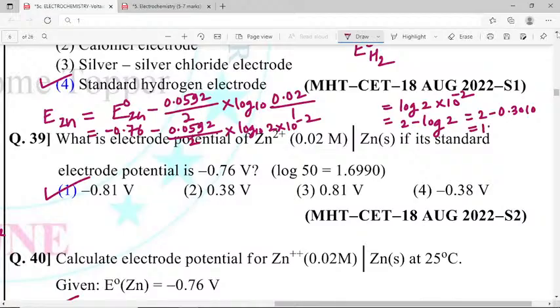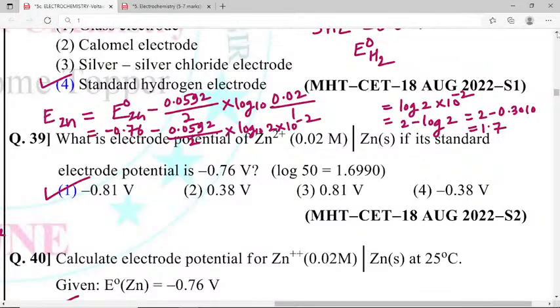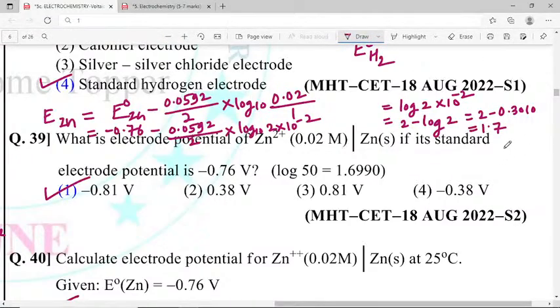So this is 1.7 something, 1.699. Place it here, so this is 0.0296 times 1.7, which gives minus 0.81.